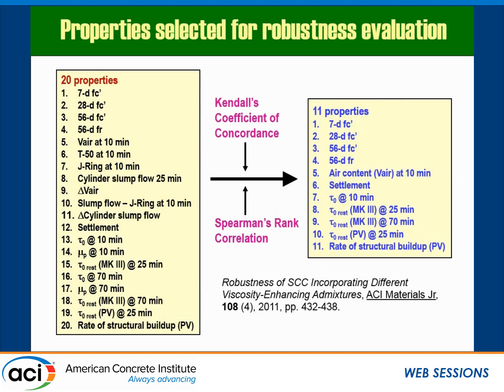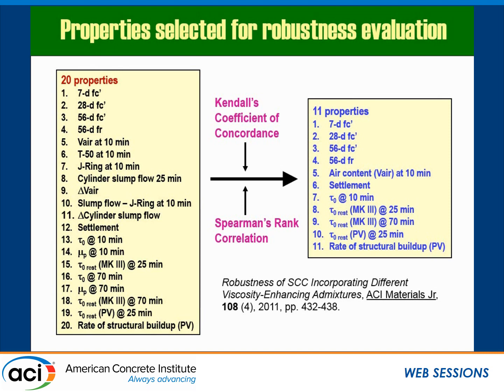So in case you do not want to do all these 20 properties, we did some statistical work, and I invite you to consult that. This was published in ACI Materials Journal back in 2011. This work was done as part of a master's study of Naji at the University of Sherbrooke at the time.